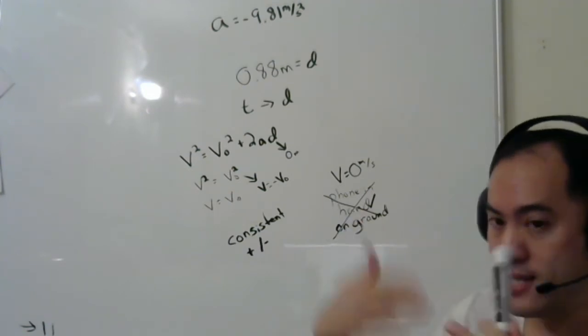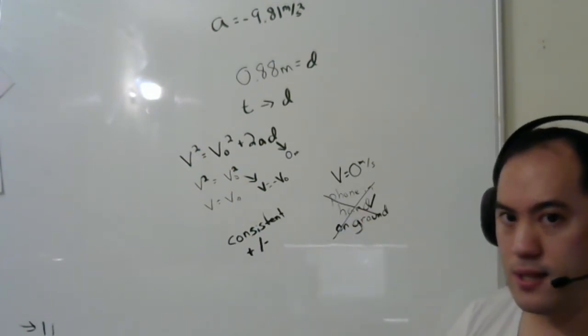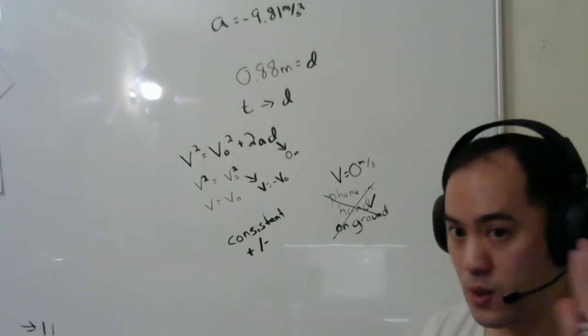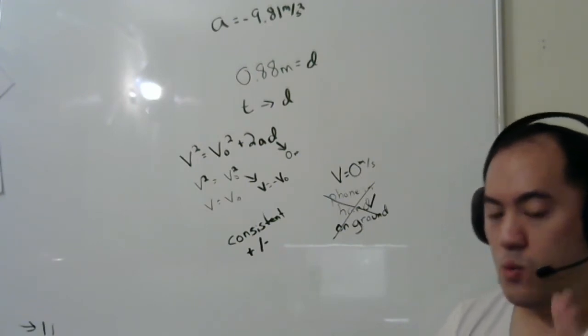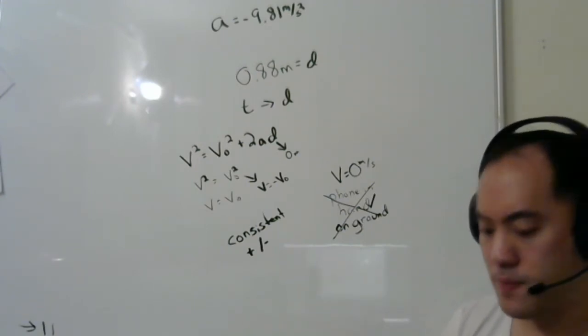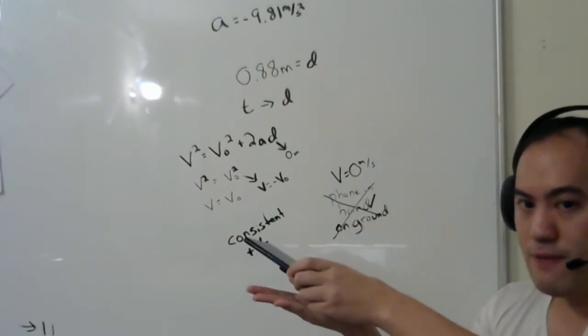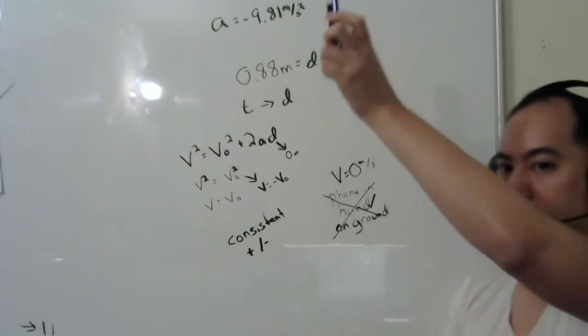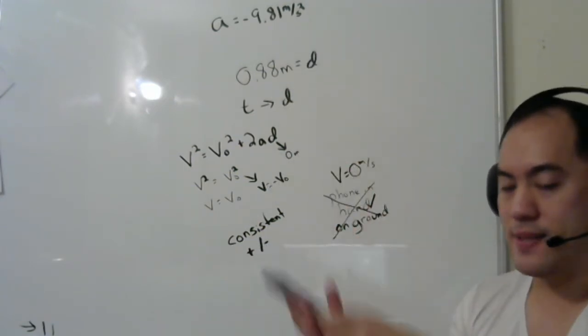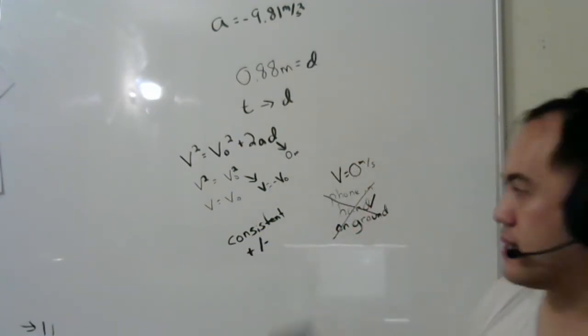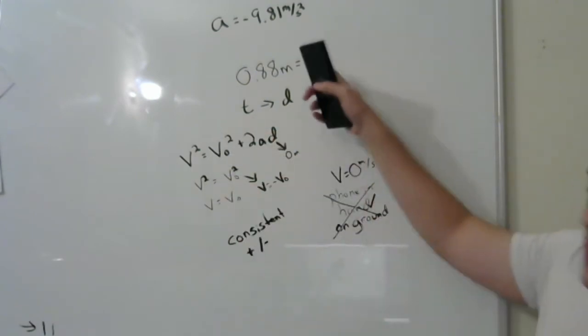We can only analyze the problem when the phone has that acceleration, so we can only analyze the problem when the phone is in the air. So the problem is really from the millisecond my phone leaves the hand until the millisecond before I catch it. That's the time, t, and that's when it goes displacement d.